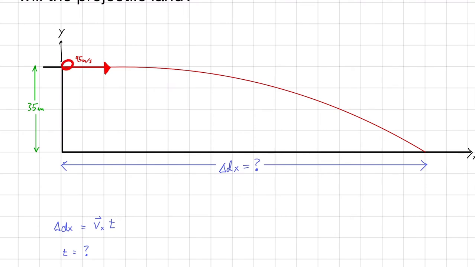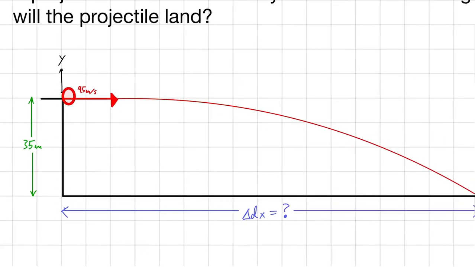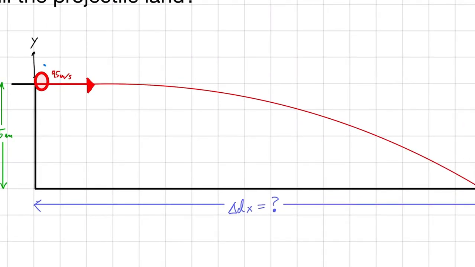We're going to be looking at this object. I'm going to try and draw kind of a ball to represent this projectile. So this object flies like this, right? But when we're looking at it only in the y direction, we only care about what it does along this axis.